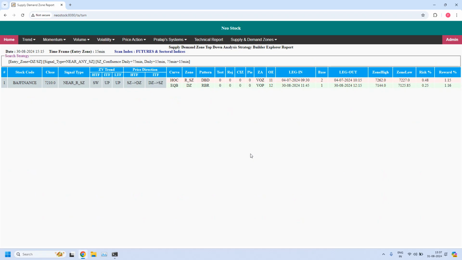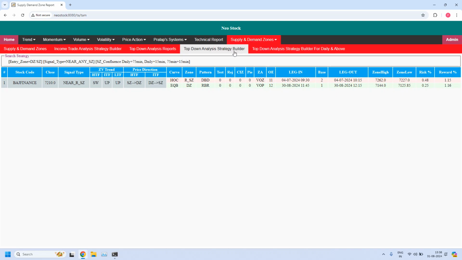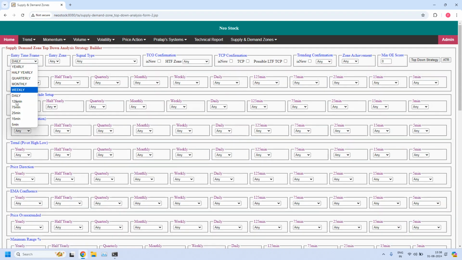So Bajaj Finance is having a confluence with LTF, ITF, HTF, and also Bajaj Finance 15 minute zone is a high liquidity zone. Okay, this is about the 15 minutes time frame.